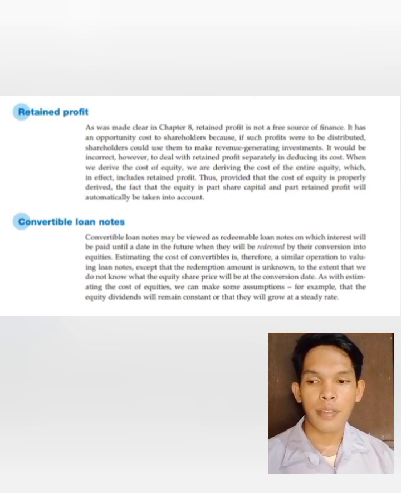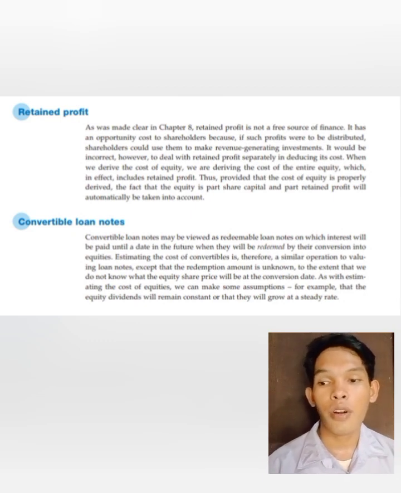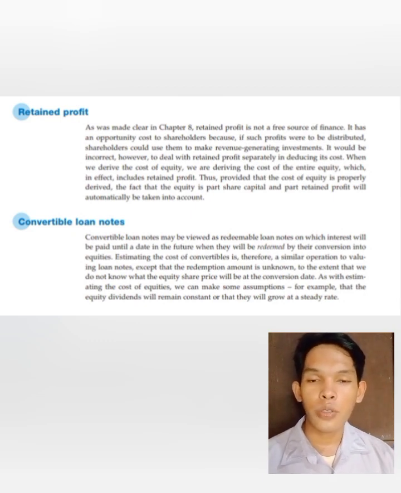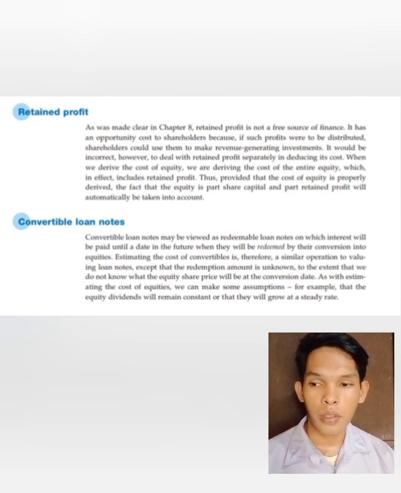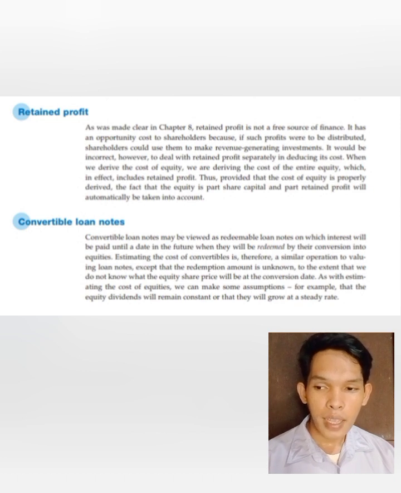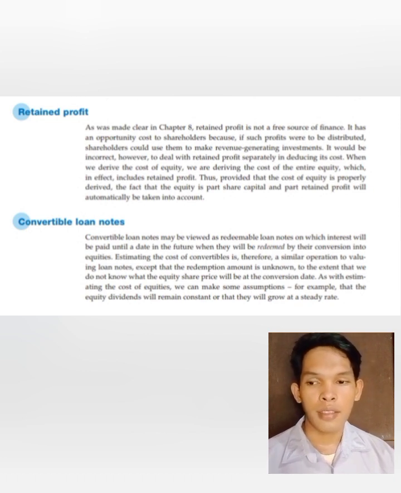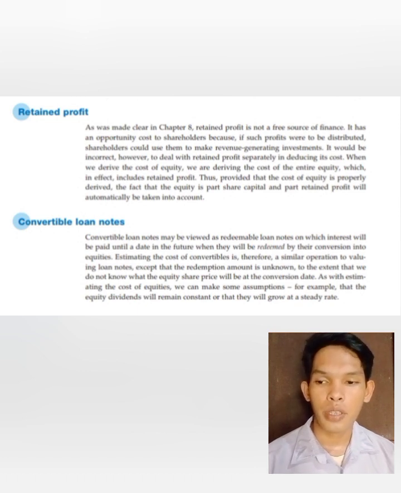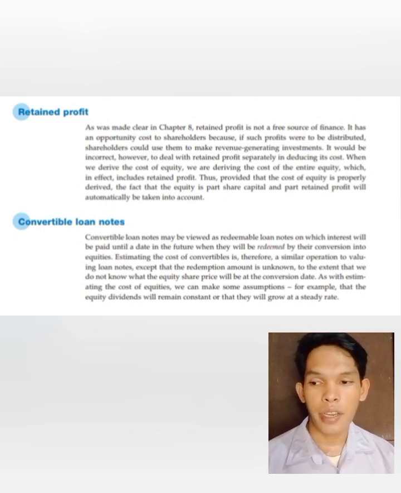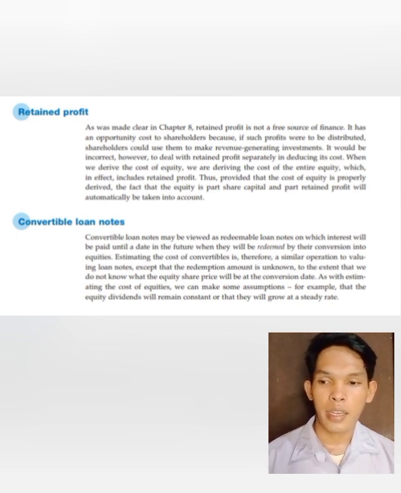Estimating the cost of convertibles is therefore a similar operation to valuing loan notes, except that the redemption amount is not known, to the extent that we do not know what the equity share price will be at the conversion date. As we estimate the cost of equities, we can make some assumption, for example, that the equity dividend will remain constant or that it will grow at a steady rate.